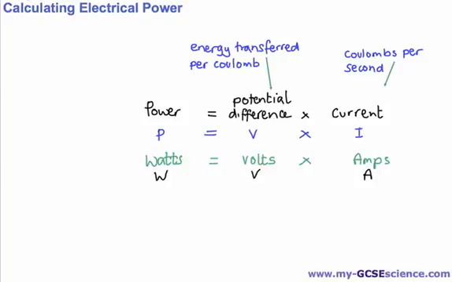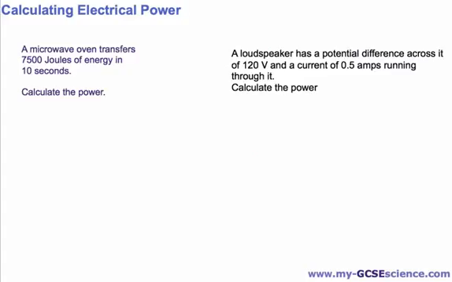It's probably worth now looking at a couple of examples. So here we have two questions. The first one on the left hand side says a microwave oven transfers 7,500 joules of energy in 10 seconds. Calculate the power. So we need to decide firstly which of those two formulae we're going to use, and if we look at the question, there's clues in the question. So it says transferring energy, so we've got 7,500 joules of energy being transferred in 10 seconds.